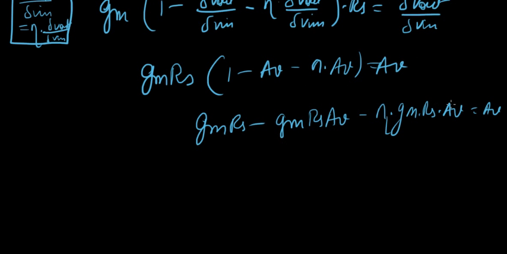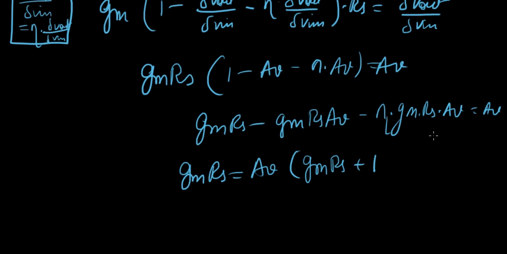So we put all the AV terms together on that side, so it becomes GM RS equals AV and we can factor that out, right? Yeah. So what we get here is GM RS plus. Oh, I forgot this. There's one more there. So GM RS plus 1 plus GM RS times eta, right? Now this is funny because eta times GM is nothing but GMB, right? The transconductance due to the body effect, right?